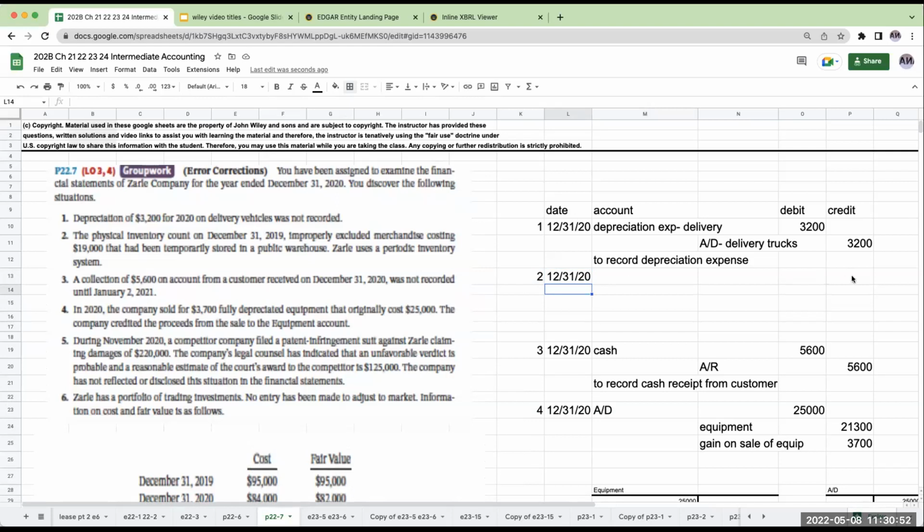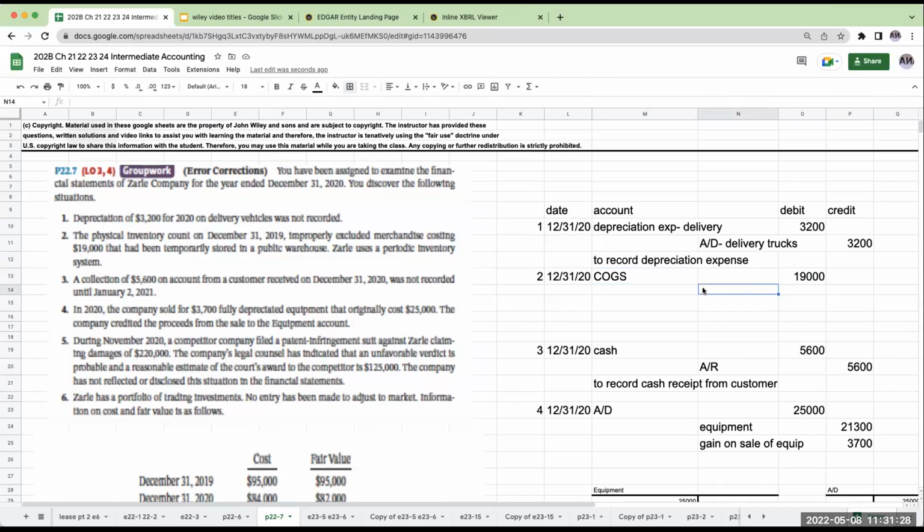So when you look at this, this was inventory that was there that had been excluded. Essentially I'm looking at 2020, all my stuff is there, but I had excluded 19,000. I'm going to make an assumption that because it's not in my physical inventory count, it must have been sold. So what I'm going to do with this 19,000 is debit cost of goods sold for 19,000, because it would have been my ending inventory.